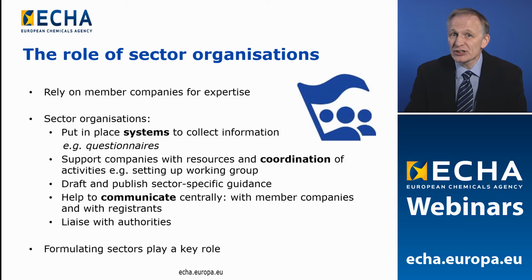Drafting and publishing sector-specific guidance that explains their approach about use maps, for example to suppliers. Helping to communicate centrally with member companies and with registrants or sector associations who represent registrants. They can also liaise with the authorities.